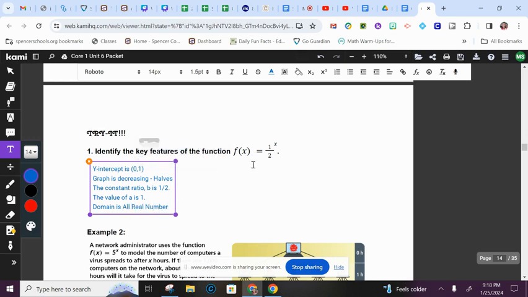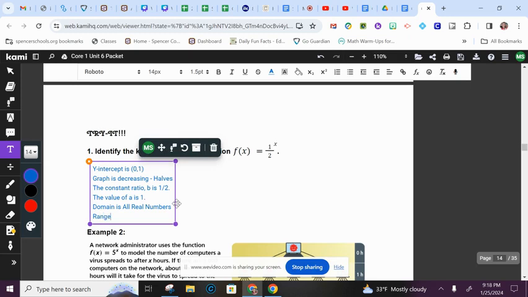So I can plug any number I want in for the x and get some type of output. Speaking of outputs, the range is all real numbers greater than 0 again.